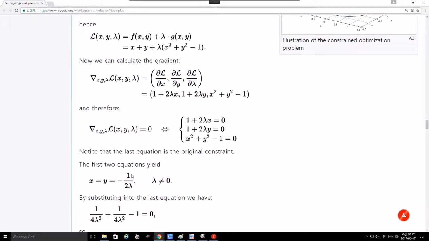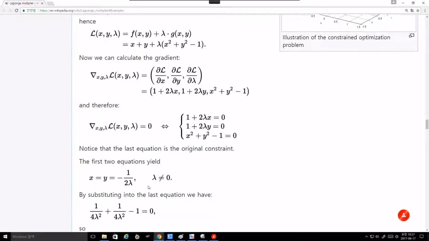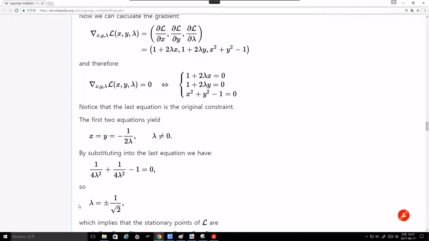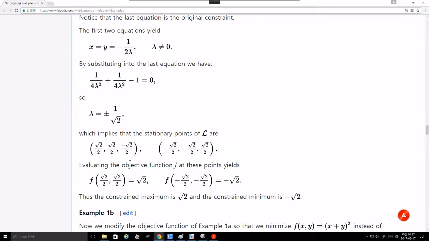We substitute x, y equal to minus 1 over 2 lambda into the constraint, the last equation, so 1 over 4 lambda squared plus 1 over 4 lambda squared minus 1 equals 0. If we solve this, lambda is plus or minus 1 over root 2. If we plug this in, we will get the solution.